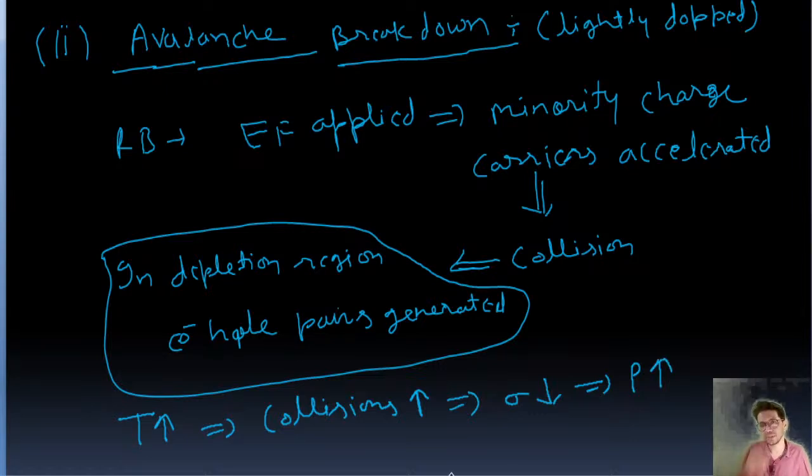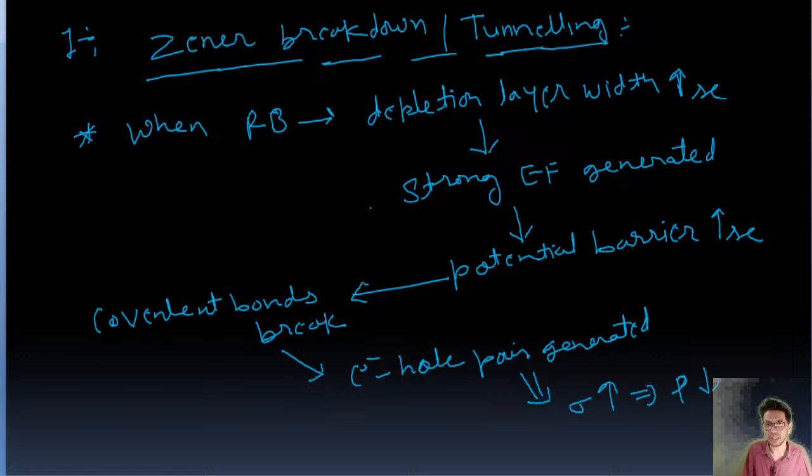Okay, so this will be the case. And here something is missing, let me check. Covalent bond and electron hole pair, and tunneling. This electron hole pair generated, and here this one, guys, means there would be tunneling.